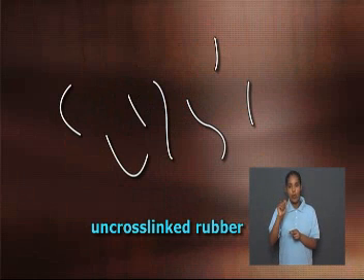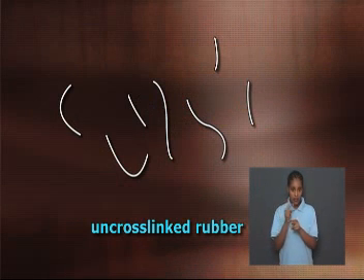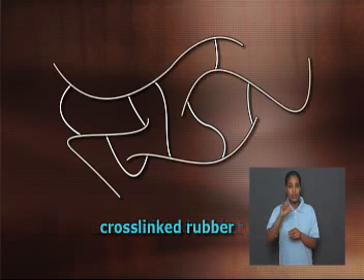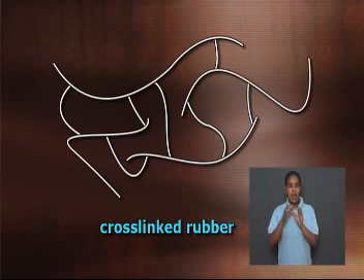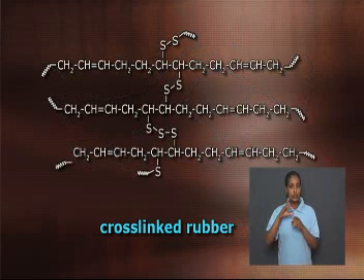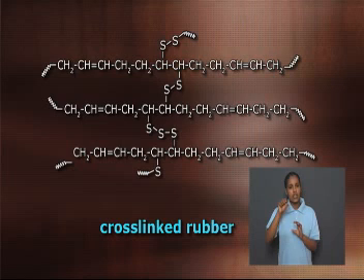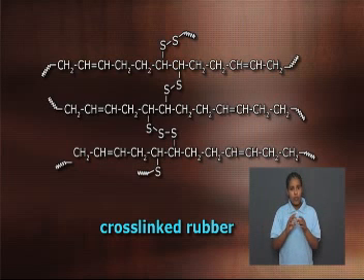However, when natural rubber is heated with sulfur, the polymer chain will become highly cross-linked by forming bonds with sulfur atoms. The chains become shorter and so tighten more quickly for a given length of strain.